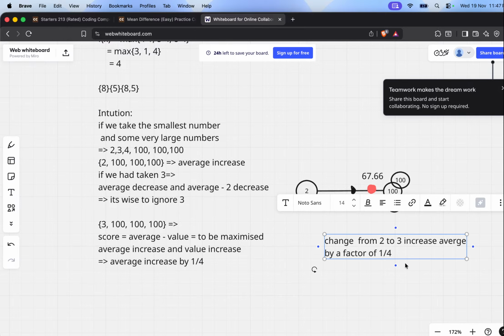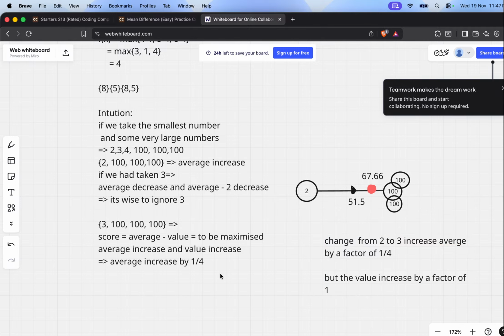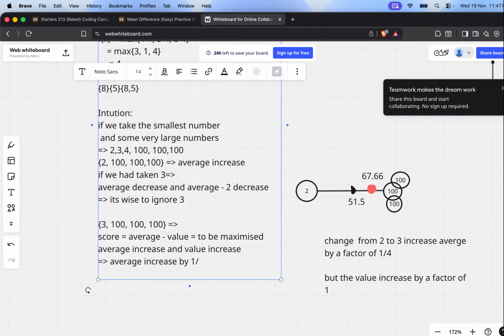Okay. What about the value? But the value increases by a factor of 1. Okay. So what do we conclude?